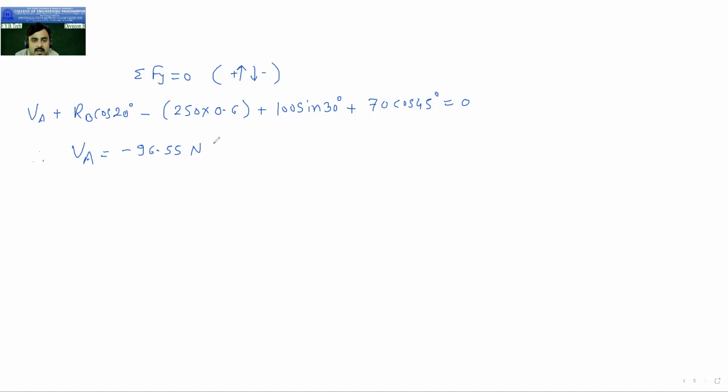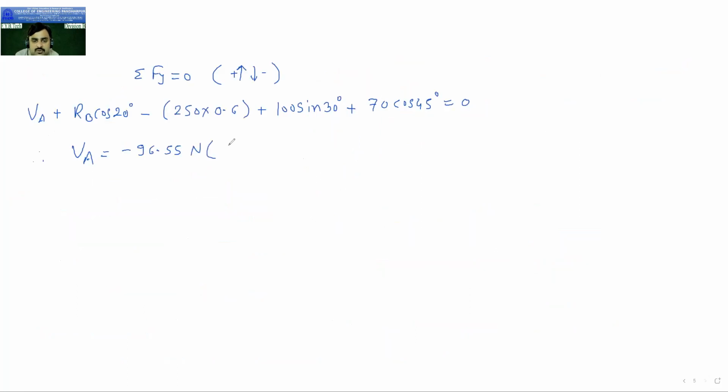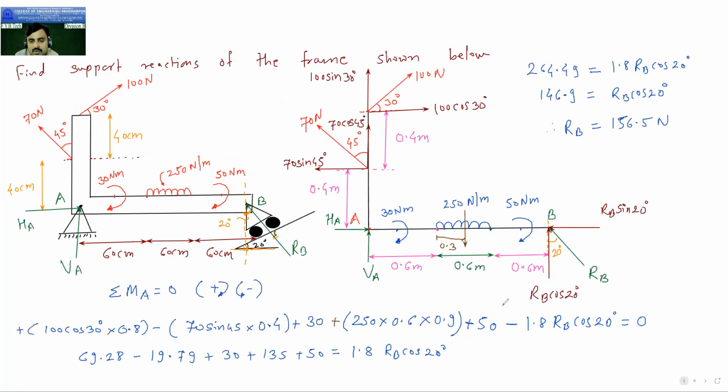Now we are getting a minus answer, but we have assumed that VA is moving upward. Upward we have shown, but we got the answer in minus, so we can say that VA is not moving upward, VA is moving downward. So we can change the direction over here.